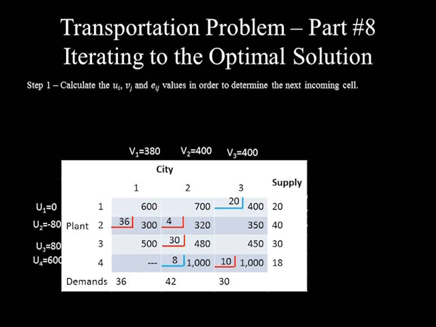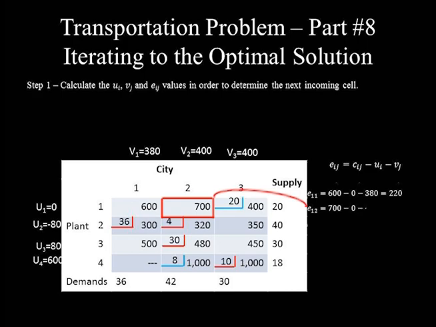In calculating the net evaluation index for the unoccupied cells by using the formula Eij is equal to Cij minus Ui minus Vj, E11 is equal to 300 minus 0 minus 380, which is equal to 220. E12 is equal to 700 minus 0 minus 400, which is equal to 300.